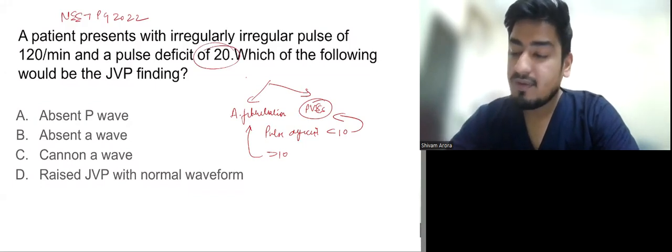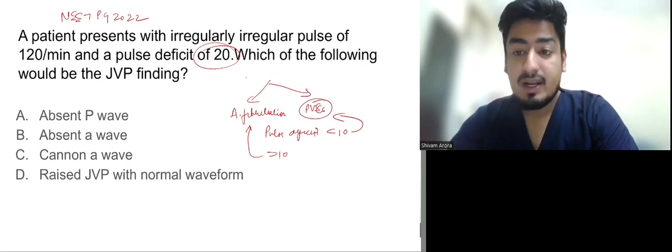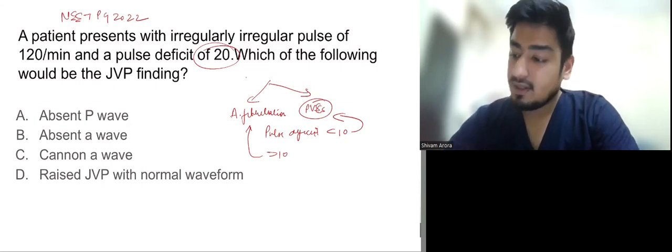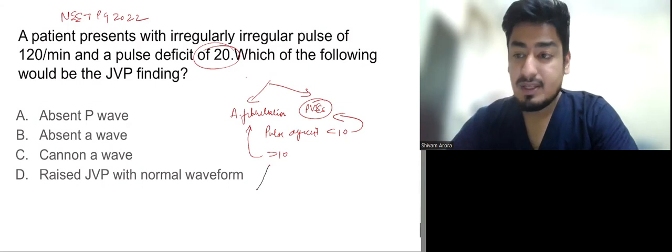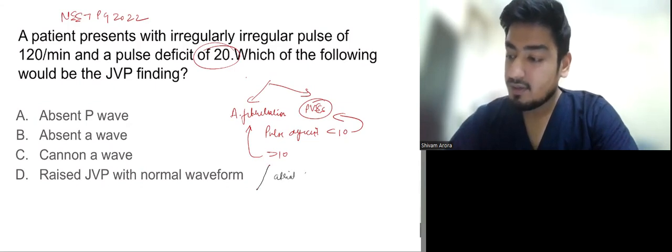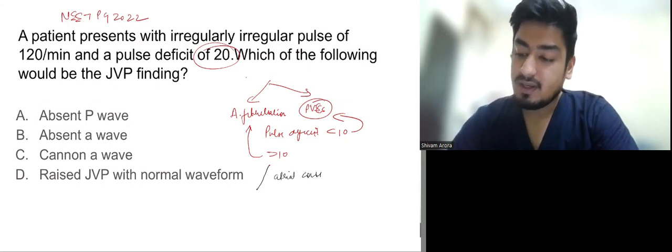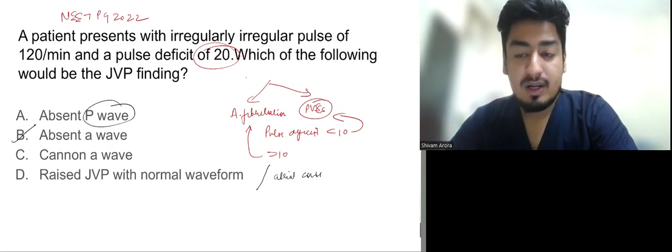Now, what is the JVP finding in atrial fibrillation? Since atrial fibrillation means the atrium is not contracting, it is just fibrillating, the JVP finding would be that A wave in JVP is because of atrial contraction. So A wave would be absent in JVP. That is option B, absent A wave.